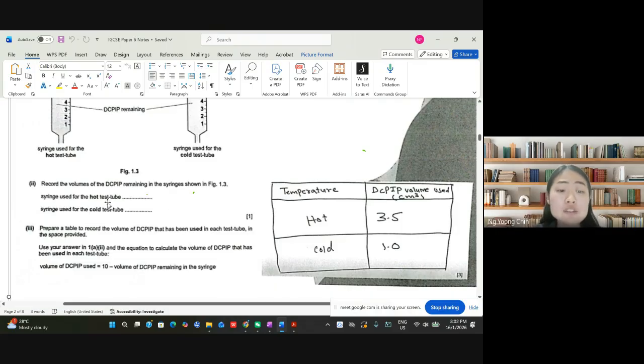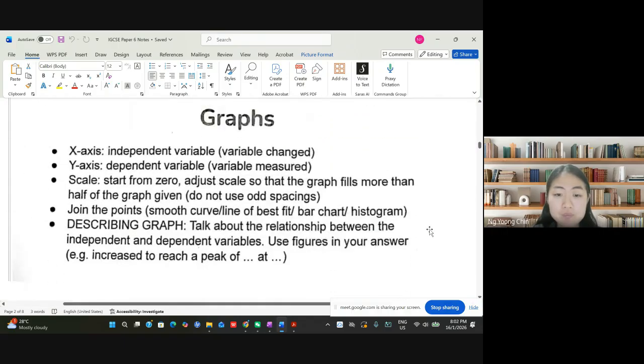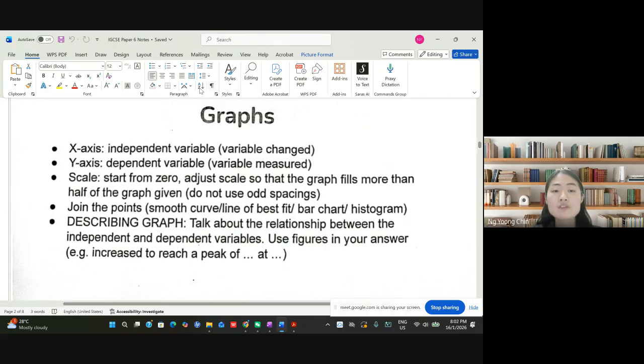But here they didn't ask about this one. That's why you should write 1.0, because your upside answer is 3.5, so it's about 1 significant figure. So that's why you cannot put 1 on it. You should put 1.0 to standardize the measurements.